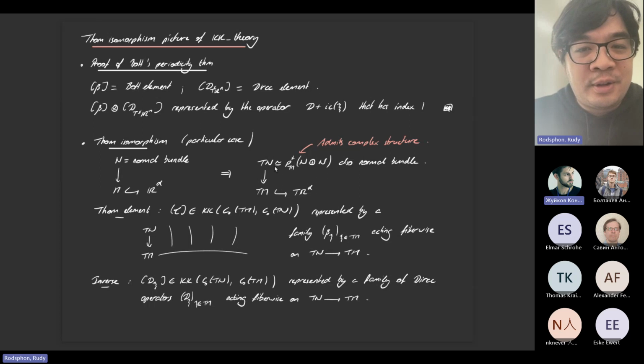Then the tangent space of the normal bundle can be endowed with a complex structure because you have this kind of splitting. So you have a fibration Tn over Tm, and over the fibers you can have Dirac operators. Then you have here a family of Dirac operators over Tm.